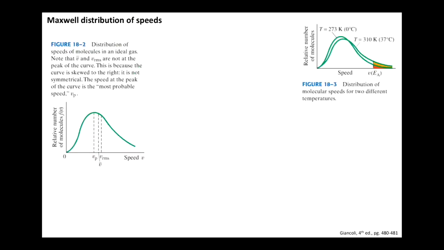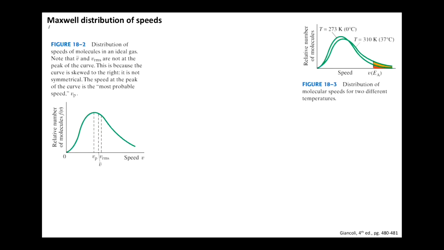If we were to plot all of the different velocities of the molecules, we would get a graph that looks something like what you see on the left, where there is a grouping around the average, and then some that are going much, much slower and some that are going much, much faster.